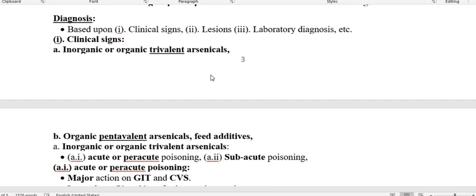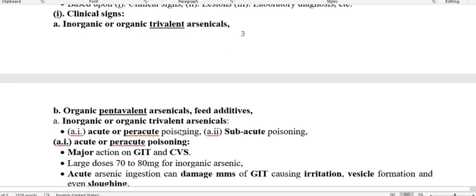Therefore it hinders cellular respiration by lowering ATP synthesis, by hindering glycolysis and the Krebs cycle. As for the clinical signs with the inorganic or organic trivalent arsenic, there are usually two forms: acute or peracute poisoning, or subacute poisoning.